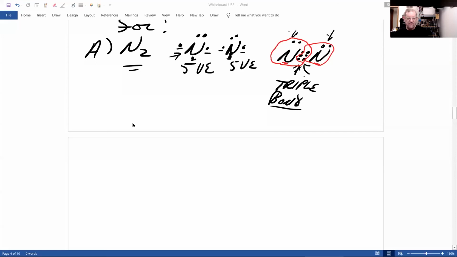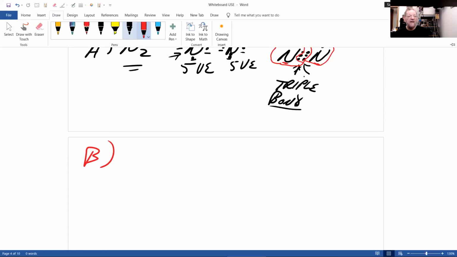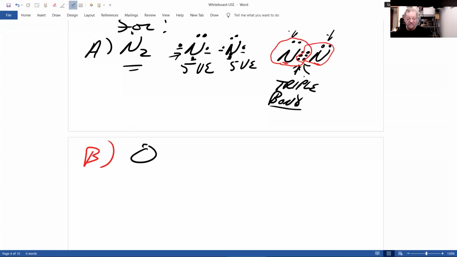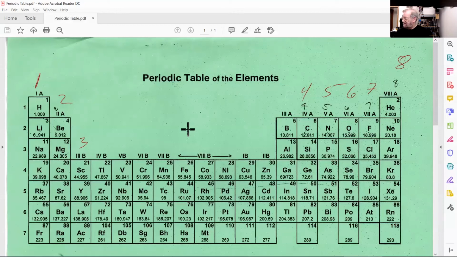Ooh, I'm going to let you try that one on your own. And if you look at a periodic table, first of all, you have to figure out how many valence electrons. If you look here, oxygen on top has 6 valence electrons.